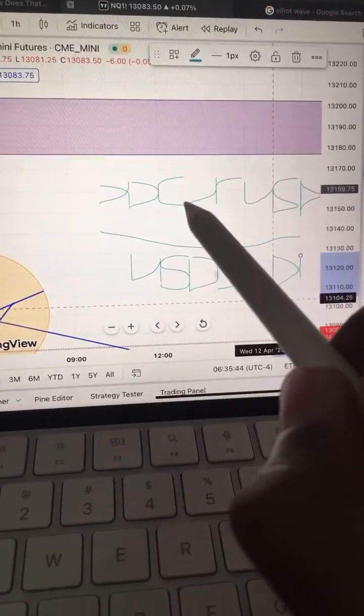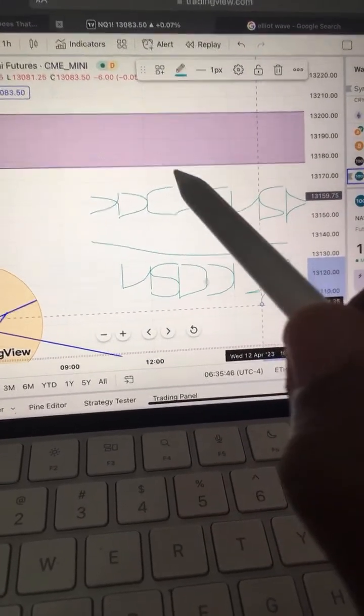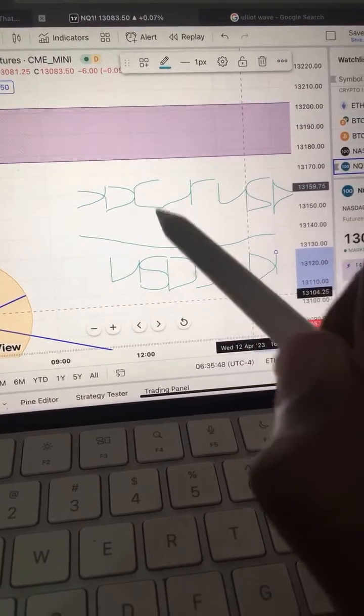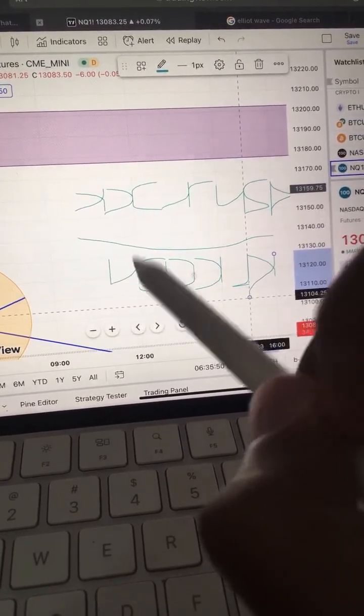So with these instruments, I'm thinking of buying these instruments, and then these that start with USD, I'm thinking of selling them on CPI.